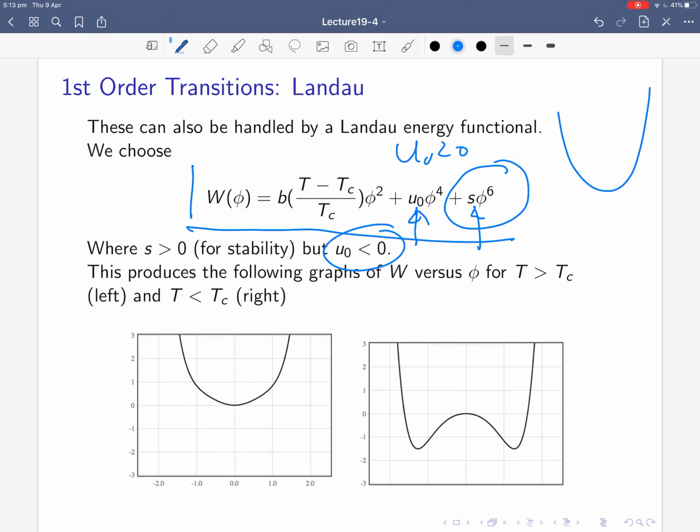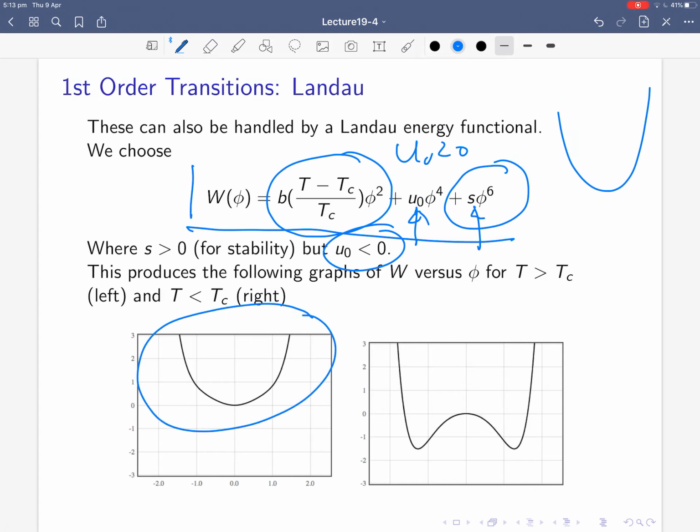Now let's try and analyze that. If we plot this versus the temperature, what do we get? Well, for T bigger than Tc, for T above what we call Tc, which you might want to call the critical temperature, but the transition temperature somehow, you get this graph here. One particular minimum at the origin.